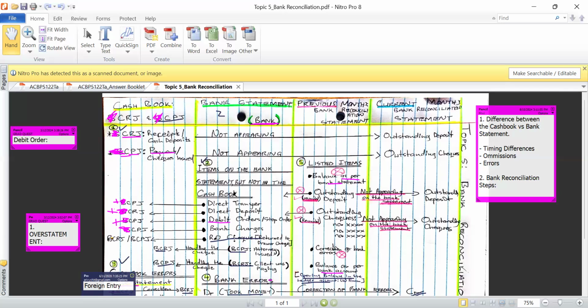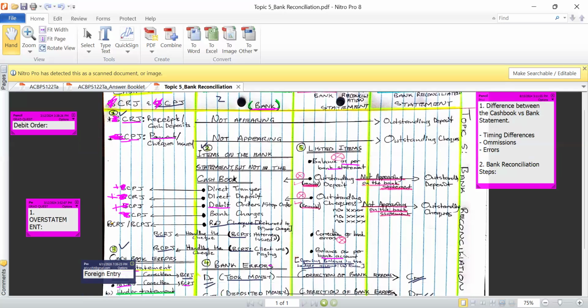Now, with the return to draw check, you always need to look at the source of the person that issued the check. So if you know who issued the check, you would know what was the intended purpose of that check in the first place.